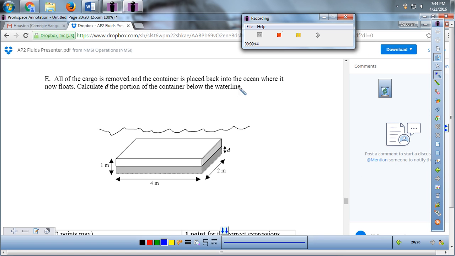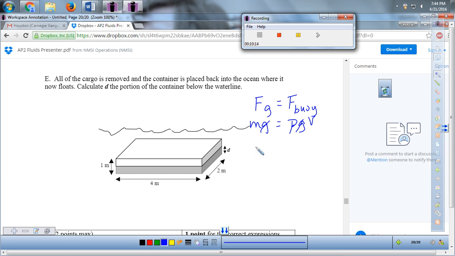It says all of the cargo is removed and the container is placed back into the ocean where it now floats. Calculate D, the portion of the container below the water line. So how much of the container is in the water? So I said that the force of gravity was equal to the buoyant force. So mg is equal to rho g V. And the g's will cancel.